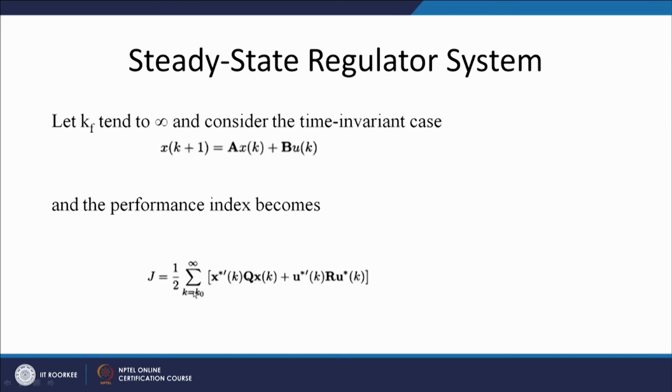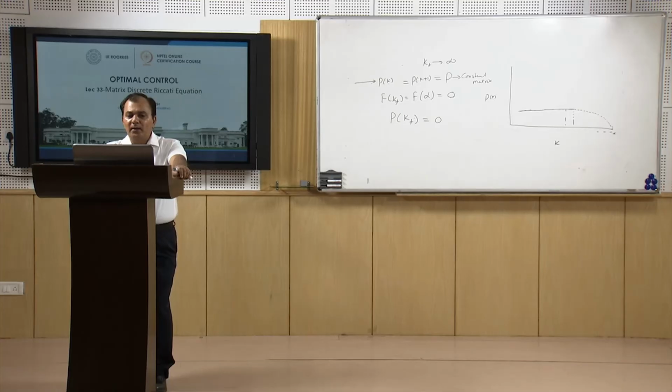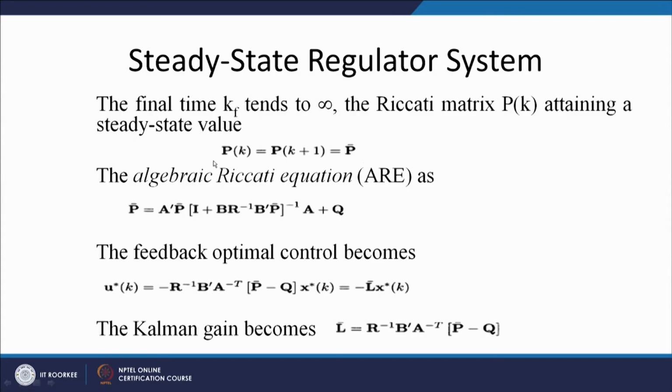We have only half of the summation from k0 to infinity of x prime Q x plus u prime R u, where Q is positive definite and R is positive definite, but now these two matrices will also be constant. So, my A, B, Q, R are constant matrices, and my P k and P k plus 1 are equal to a constant matrix, say P bar.